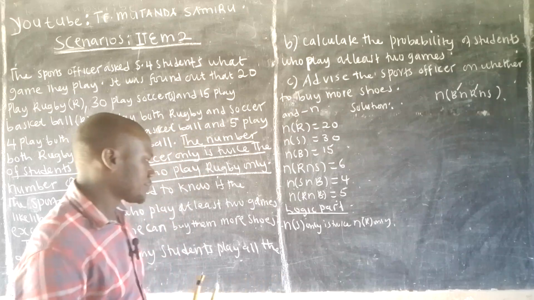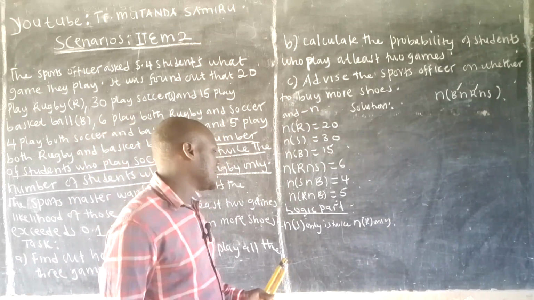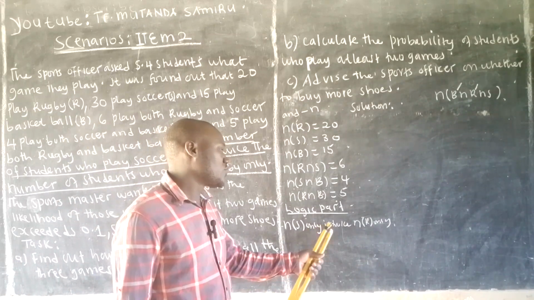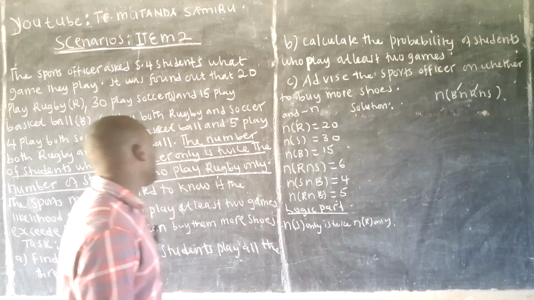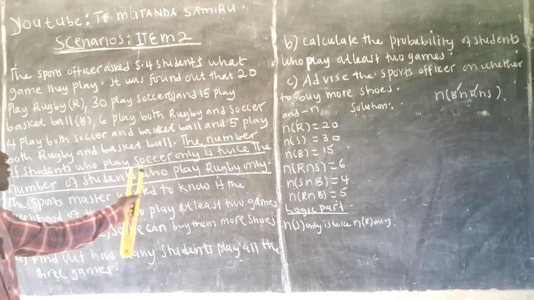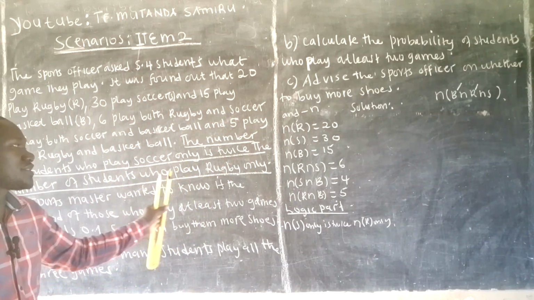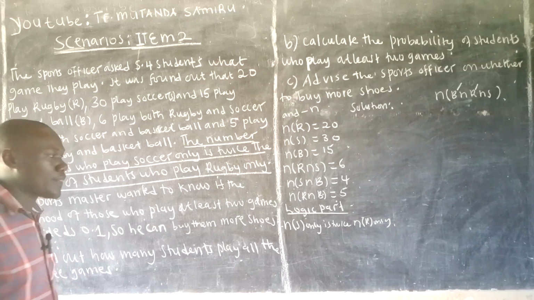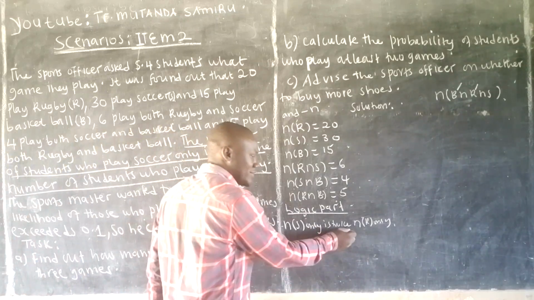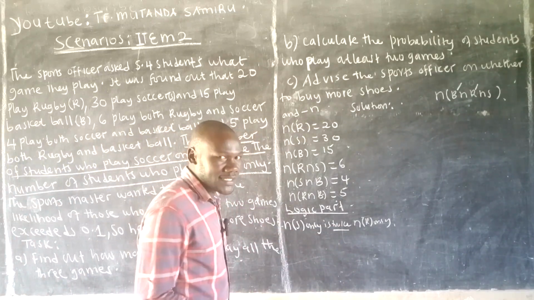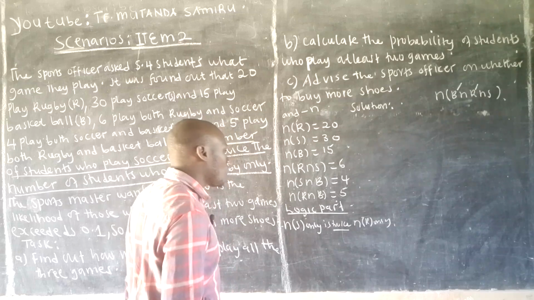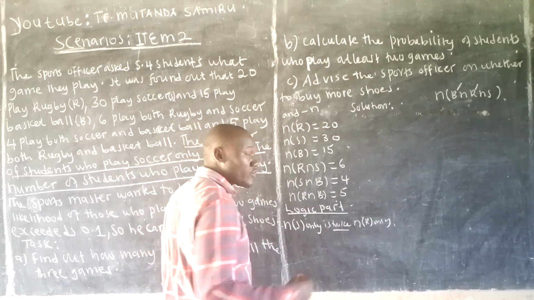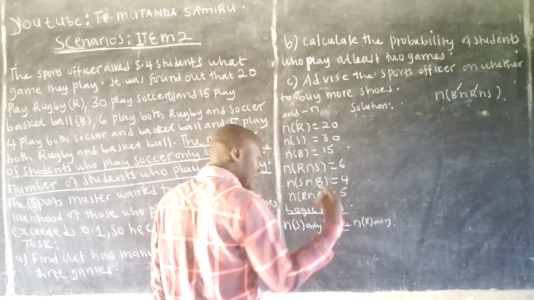Now what happens here is they've said number in S only is twice the number in R only. I'm only picking out sensitive parts: soccer only is twice rugby only. Those are the sensitive parts you pick. I told you, whenever you have the word twice, thrice, or 3 times, you let the last one be any letter of your choice.